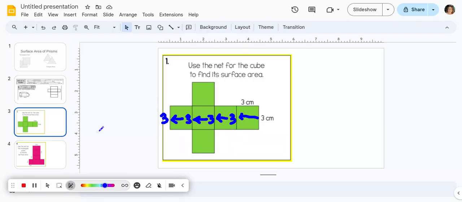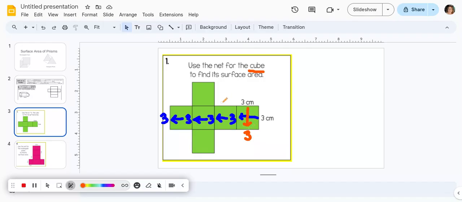Okay, now the next thing that I know is that if this is 3 centimeters, then the opposite side is 3 centimeters. All right? Now this does say it's a cube, so what that means is that every single side is going to be 3, right? A cube is a 3D square, and we know that all sides of squares are equal.